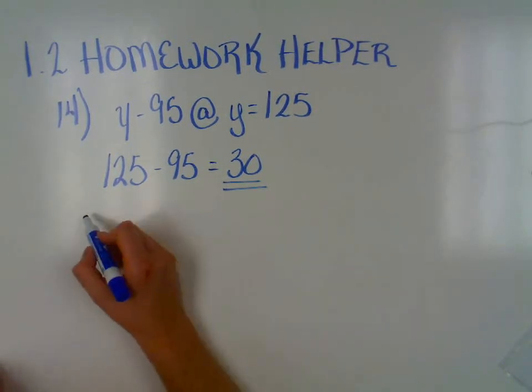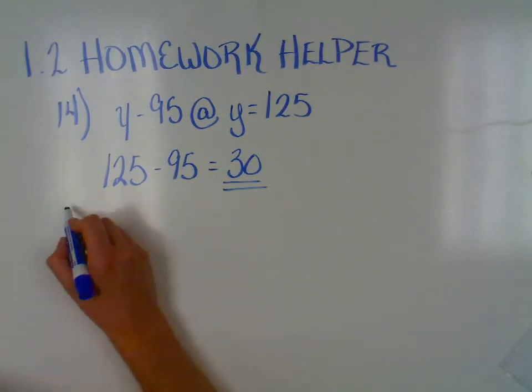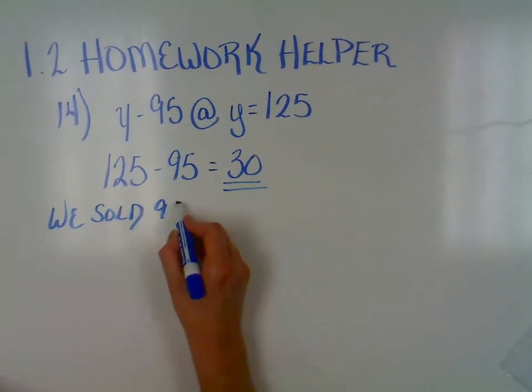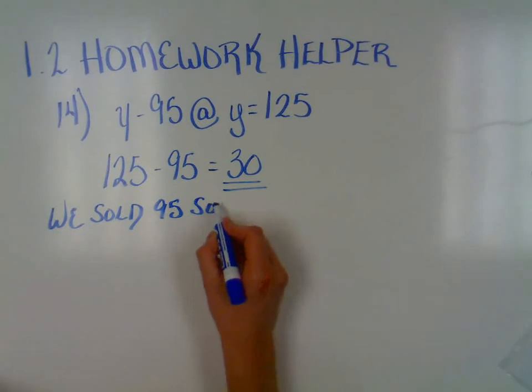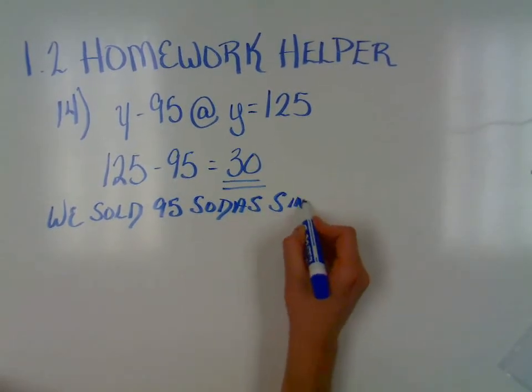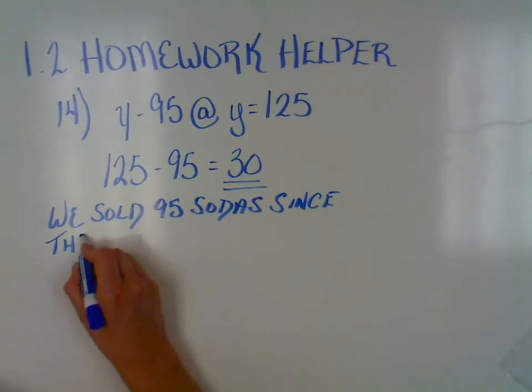And again, what we said there, and I'm going to do a little bit of short writing on this. You can lengthen this out to make it make perfect sense on your paper, but we're going to say we sold 95 sodas since the machine was refilled.